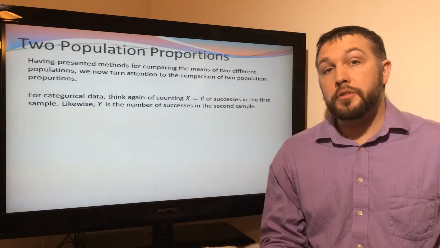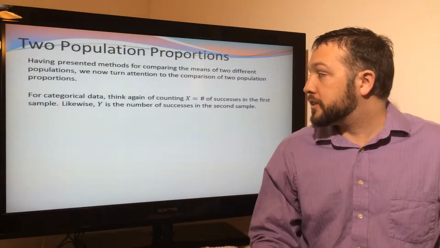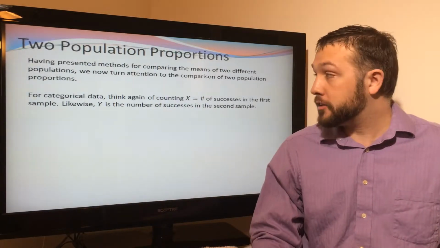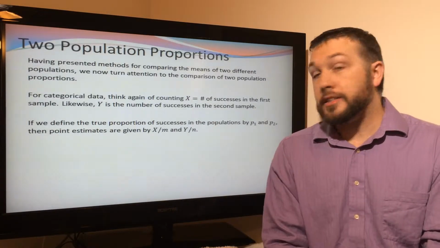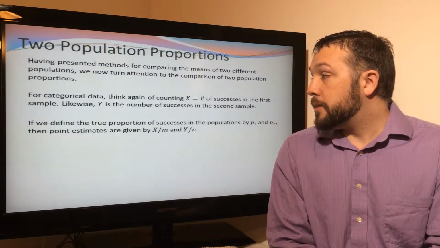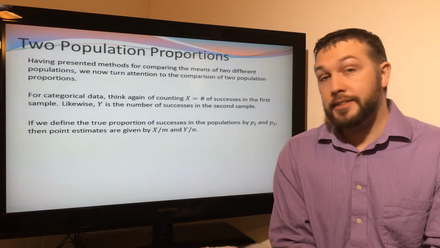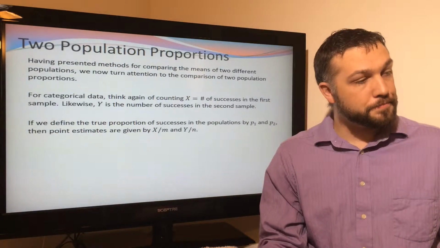So we can count the number of successes in our first sample, and we can count the number of successes in our second sample. We'll call those x and y, keeping with tradition. Then if m and n are the sample sizes, we can think of x over m as the point estimate for the number of successes in our first population, and then y over n is the second.